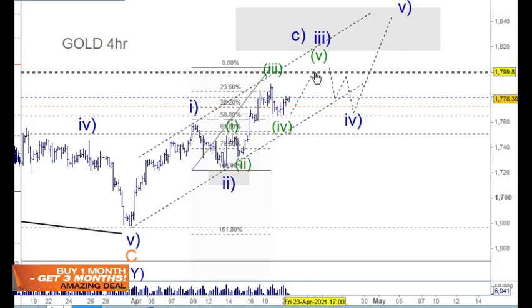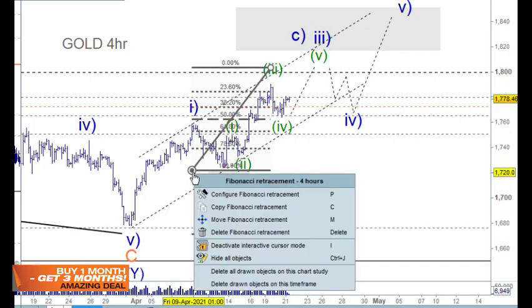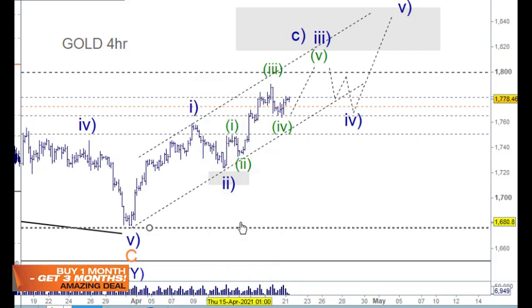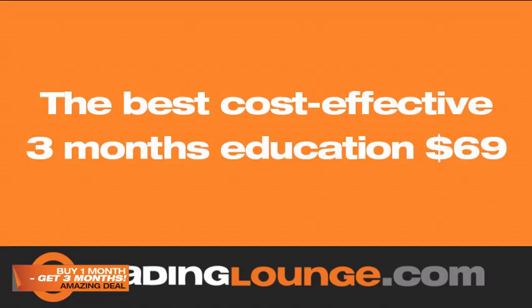See, even if it has equality and has the same length here, it's rather small for a third wave. It doesn't really give a lot of confidence into what we're looking at here.